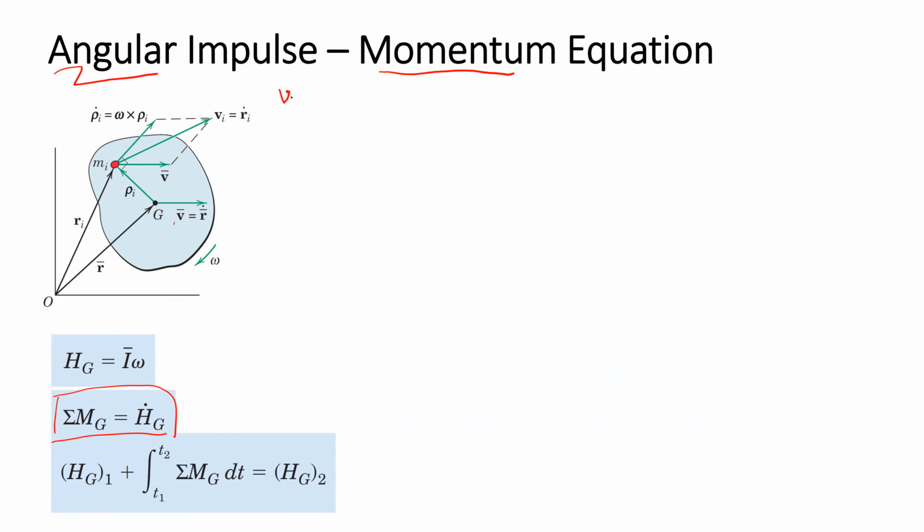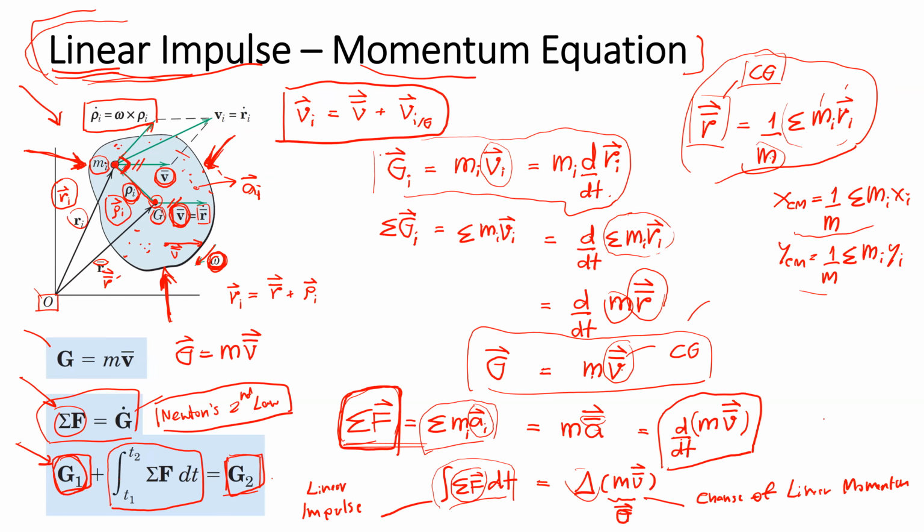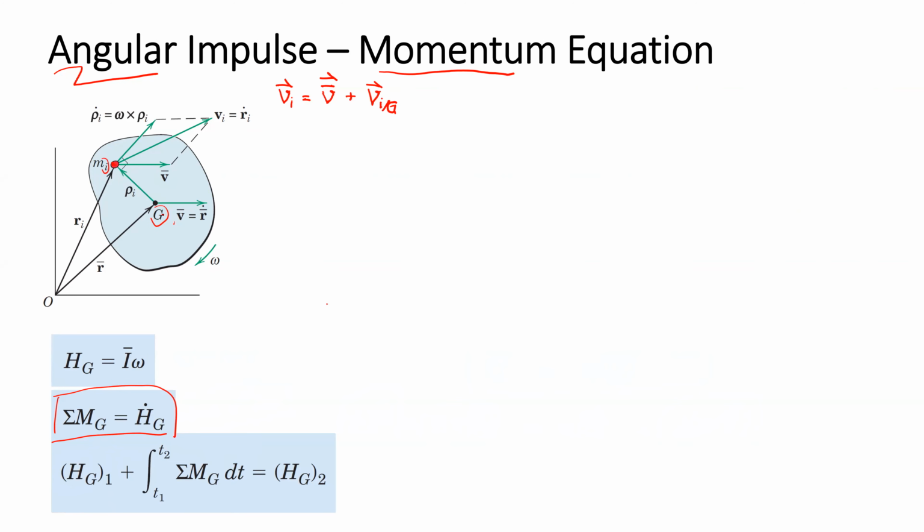The velocity of any point I on the rigid body is equal to the velocity vector v bar of the center of gravity, plus the effect of the rotation, the relative velocity of that point I with respect to point G.